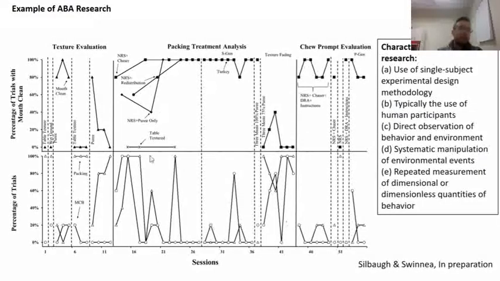And so by using ABA research methods, behavior change procedures and assessments validated by ABA researchers, I was able to conduct this study to further evaluate the effects of those procedures and assessments on reducing packing and improving chewing and swallowing in a girl with autism.